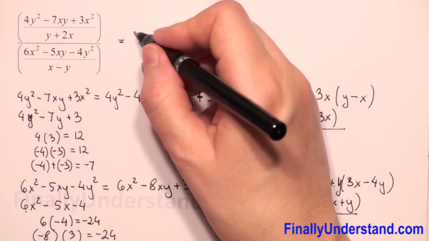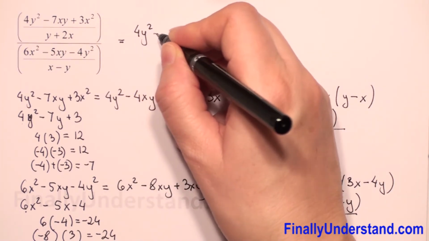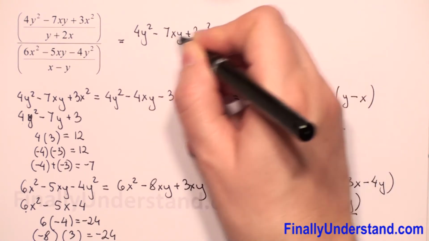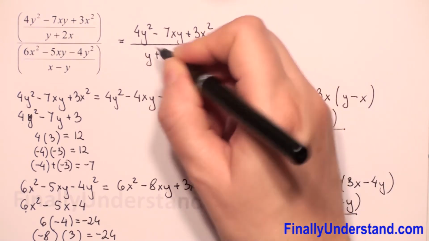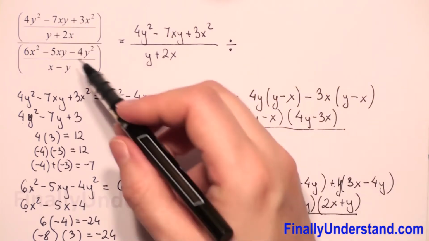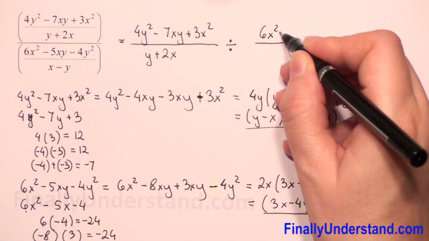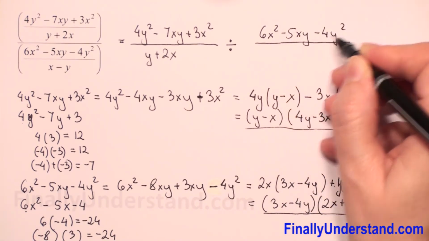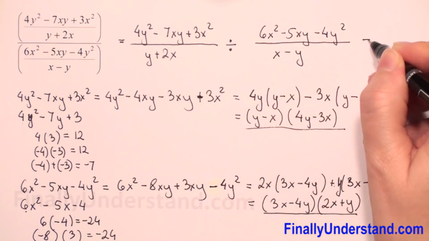So let me copy first this 4y squared minus 7xy plus 3x squared over y plus 2x. The fraction bar means division, so we have division and we have to copy the numerator, so this is 6x squared minus 5xy minus 4y squared, and we have over x minus y, so this is equal.